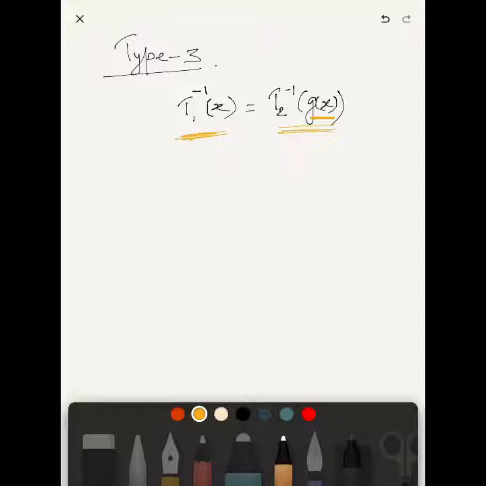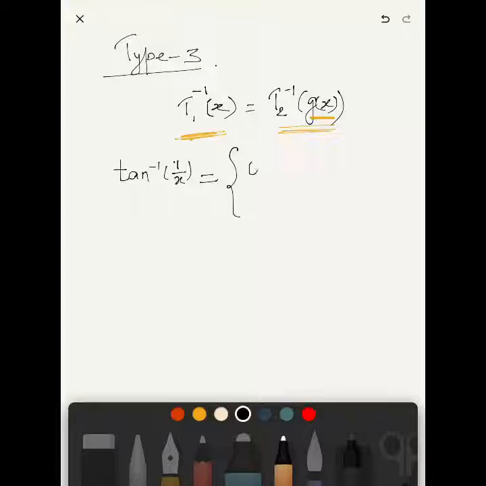In type 2 I left out two questions, we will see them in this lecture. The first one is tan inverse 1 by x is equal to. You will get two solutions here, for x positive and for x negative.